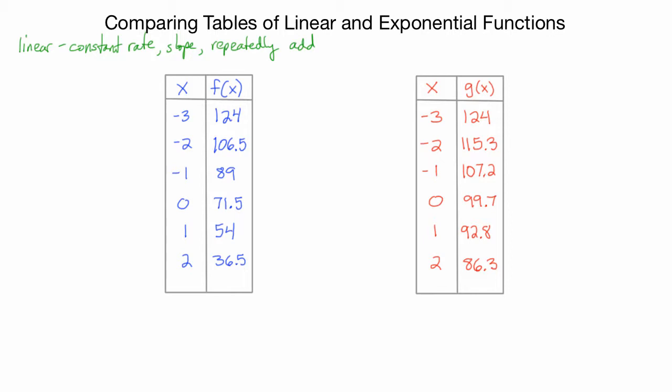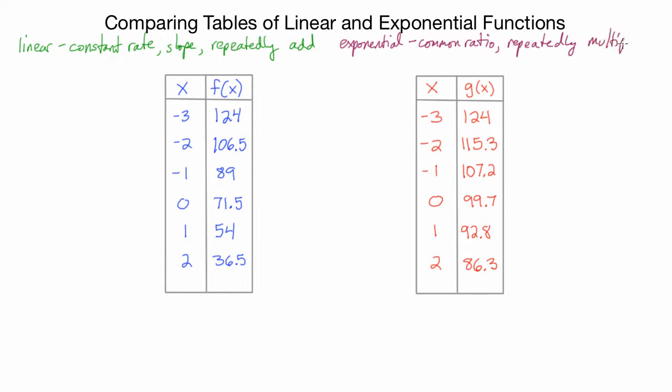Now let's contrast that with exponential. We had a common ratio, right? Not common rate, common ratio, and we will repeatedly multiply to get the pattern.